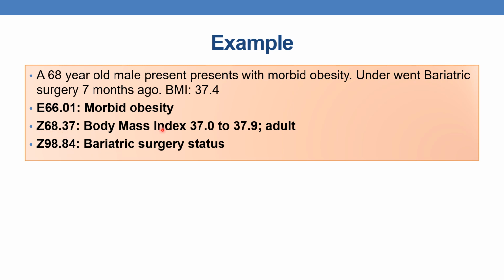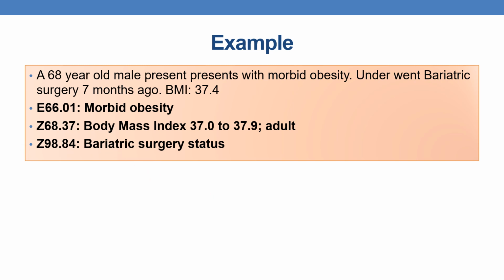Z68.37 indicates body mass index 37.0 to 37.9 adult. Here BMI is 37.4. It is in the range 37.0 to 37.9. And finally, Z98.84 to indicate bariatric surgery status.